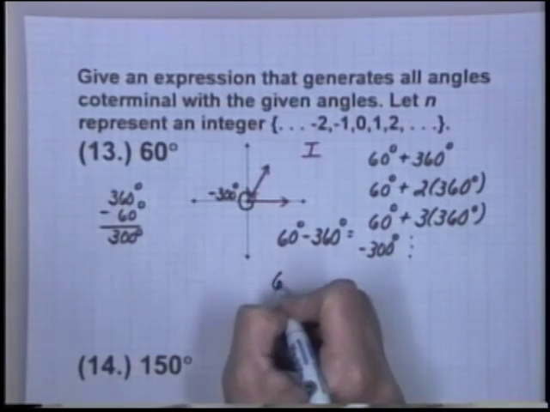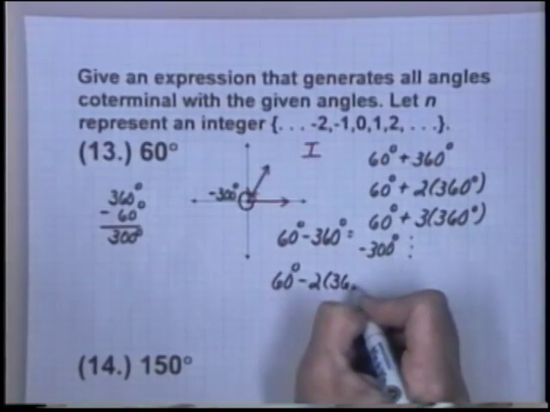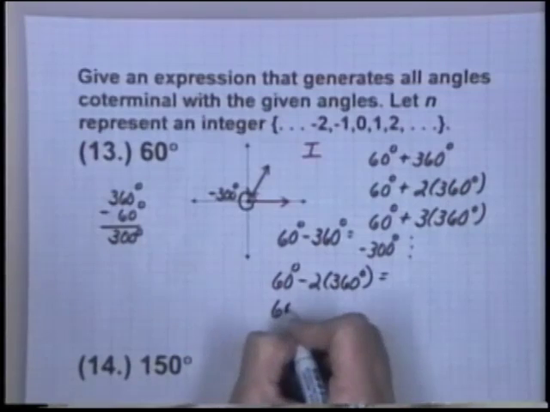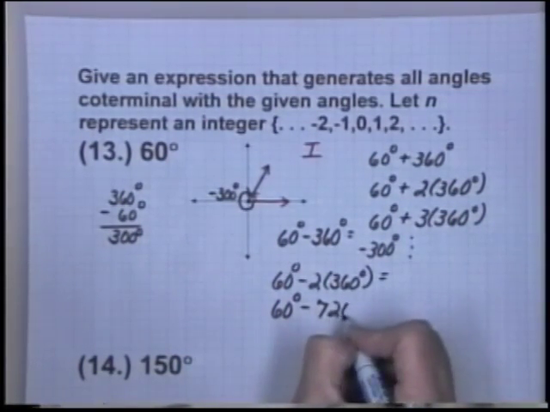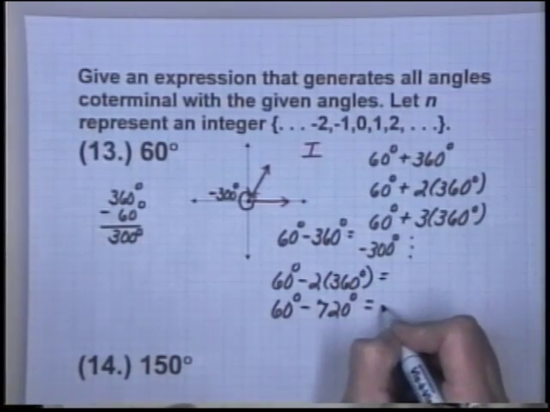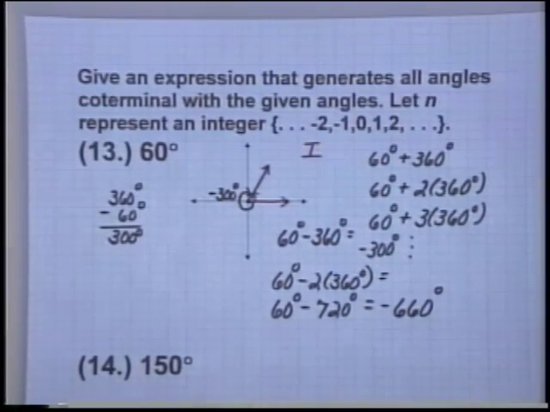And if we take 60 and subtract 2 times 360, let's just work that out. That would be 60 minus 2 times 360 is 720. 60 subtract 720 would be negative 660. Now, let's figure out where negative 660 would be.